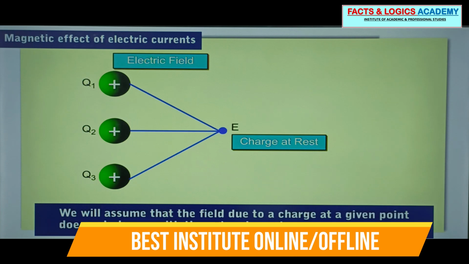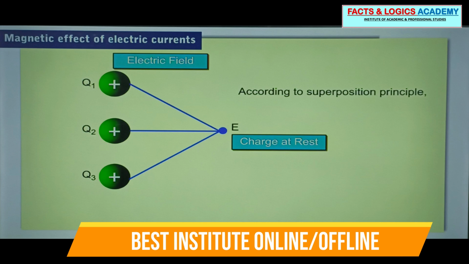This is called the principle of superposition. If E1, E2, and E3 are electric fields due to charges Q1, Q2, and Q3 respectively at point S, the resultant electric field at point S is E1 plus E2 plus E3. This is with regard to charged bodies or charges at rest.